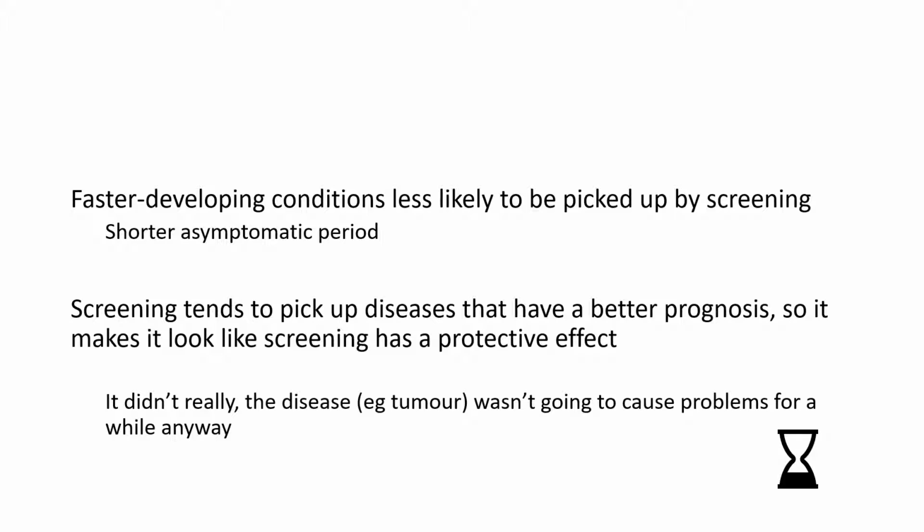Versus faster developing conditions like faster growing tumors are less likely to be picked up by screening because they have a shorter asymptomatic period. So it makes it look like screening is going to pick up the diseases that have a better prognosis. So it looks like screening is actually beneficial because the prognosis is so good. But really, in real life, the disease, or let's say the slow-growing tumor, was going to cause problems anyway. So whether you pick it up now or later may not change much.